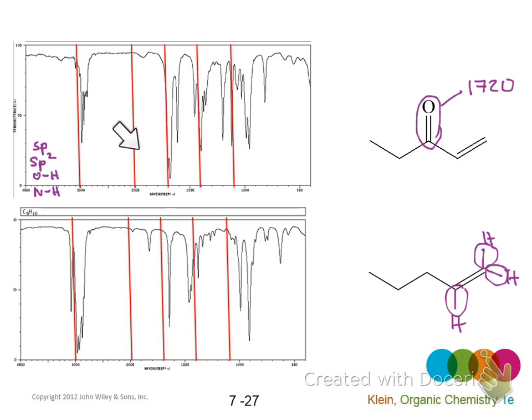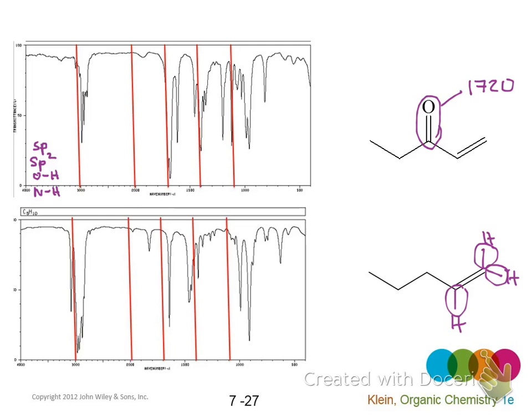And if you can see this graph, this is 1500, 1600, 1700 here. So 1720 is actually over here, right? This is the C double bond O stretch that you expect to see. But it's to the right of 1720.